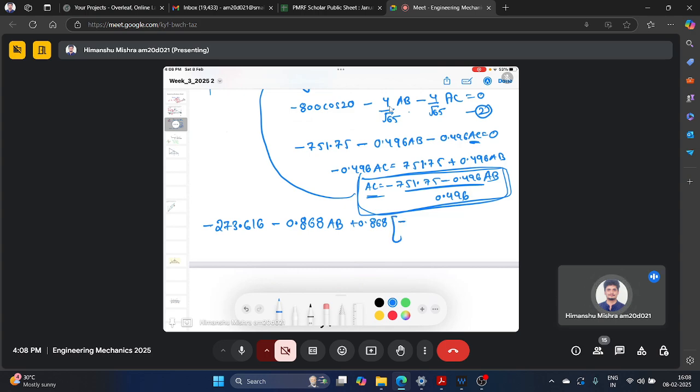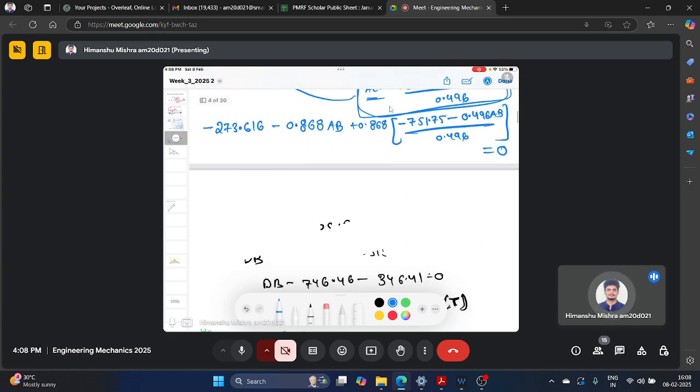So this is minus 751.75 minus 0.496 AB divided by 0.496, and this is equal to 0.